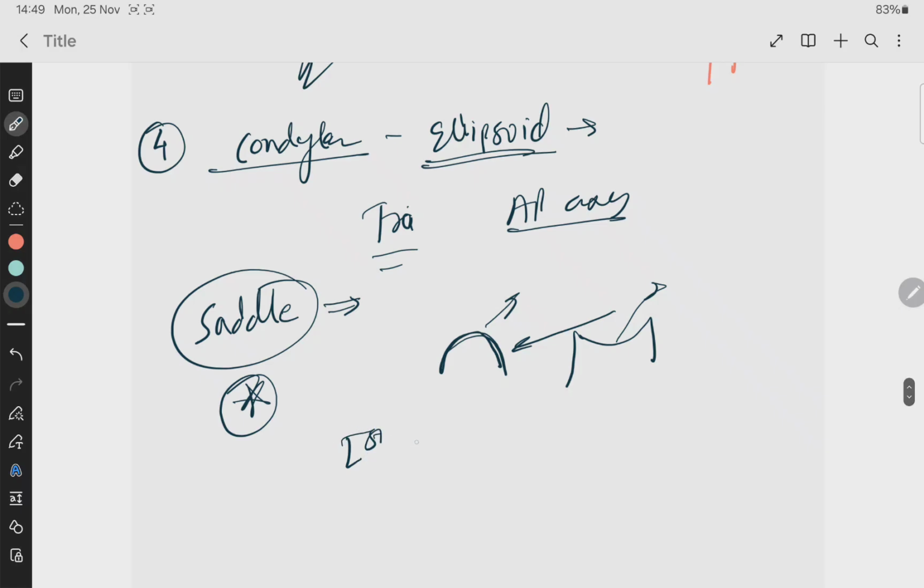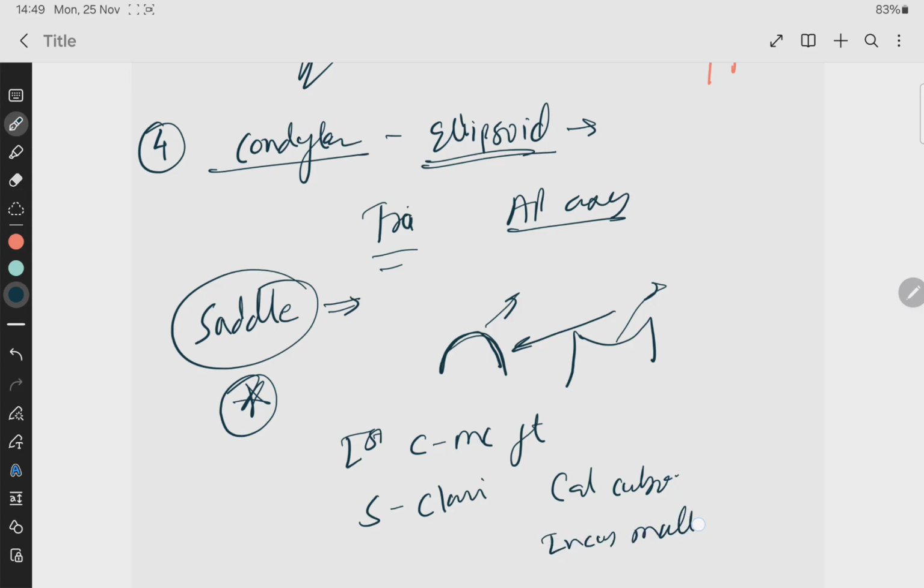The first carpo-metacarpal joint of the thumb, sternoclavicular joint, calcaneo-cuboid joint, and between the incus and malleus of the ear ossicles, the incudo-malleolar joint, are the examples of the saddle variety. These are the examples of the saddle type of joint.